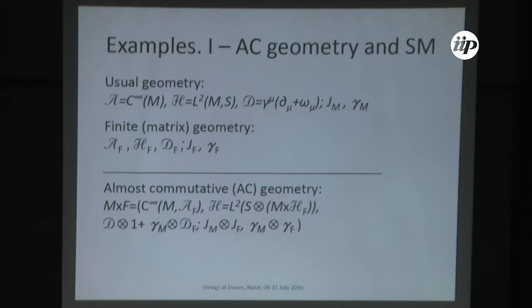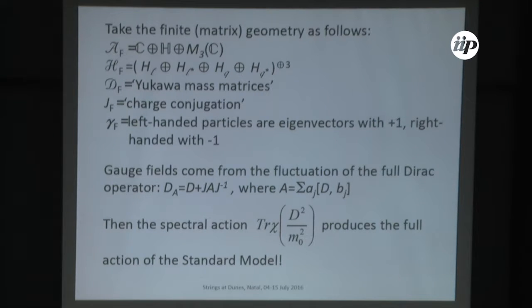So anyway, very quickly, because this is not what I want to talk about, this almost commutative geometry is all you need, after almost 20 years of work of a group of people, to reconstruct the standard model in this approach.